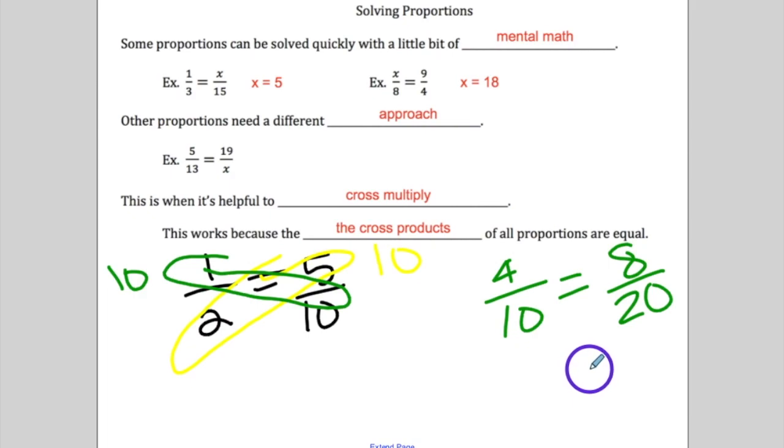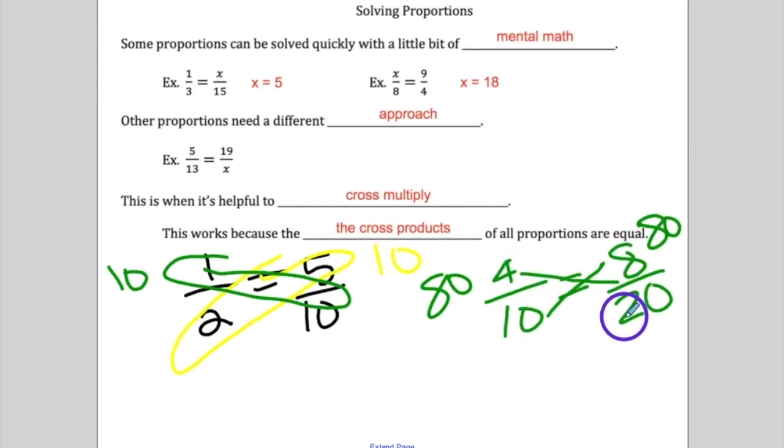And if I looked at the cross products there, 4 times 20 is 80, and 10 times 8 is also 80. So if you start with two fractions that equal each other, the cross products must always equal each other, and that's going to be the strategy that we're going to use to solve examples like this.